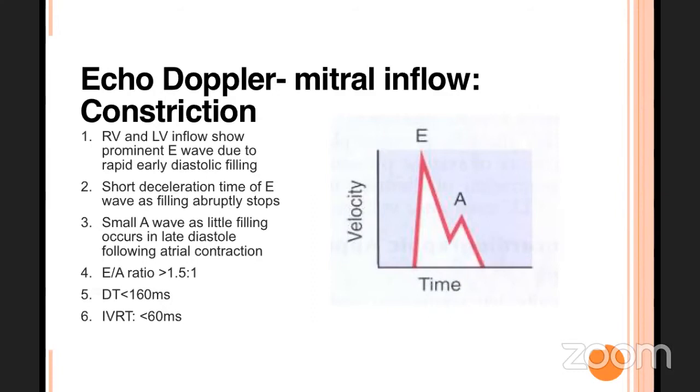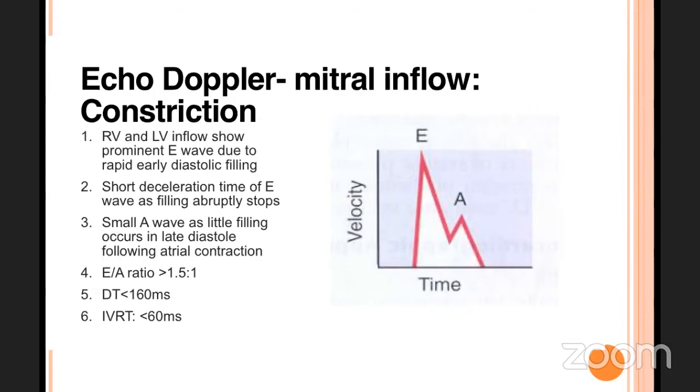But in patients with restrictive physiology, which includes both restrictive cardiomyopathy and constrictive pericarditis, the pattern of the mitral flow is what we call the restrictive pattern, where the E by A ratio is higher than 1.5, and the E wave deceleration time, which is the time taken from the peak of the E wave to the end of the E wave extrapolated to the baseline, is also shorter, generally around 130, 140, but less than 160.